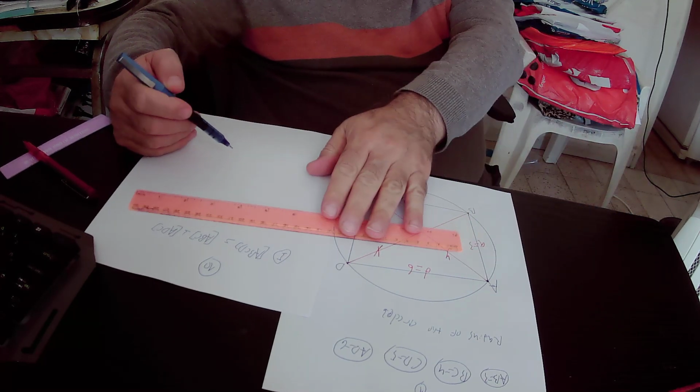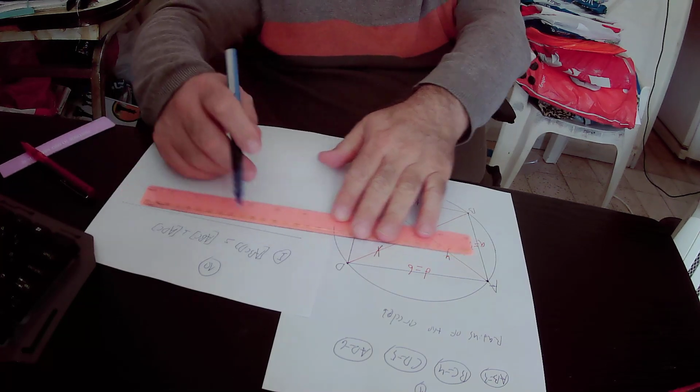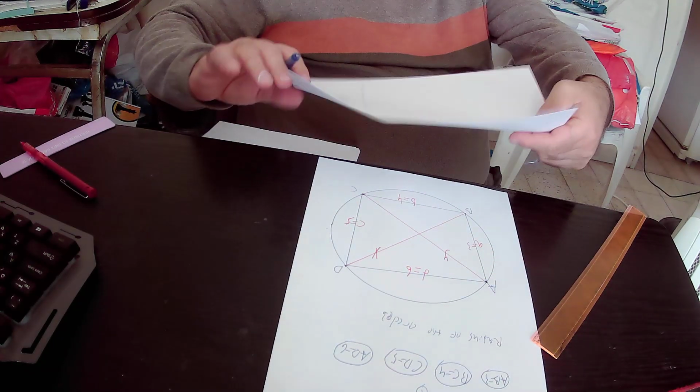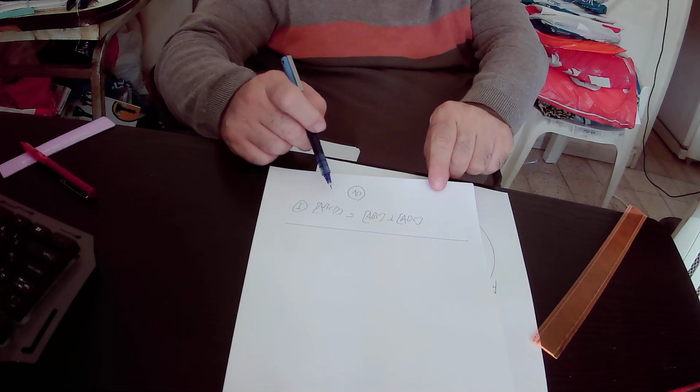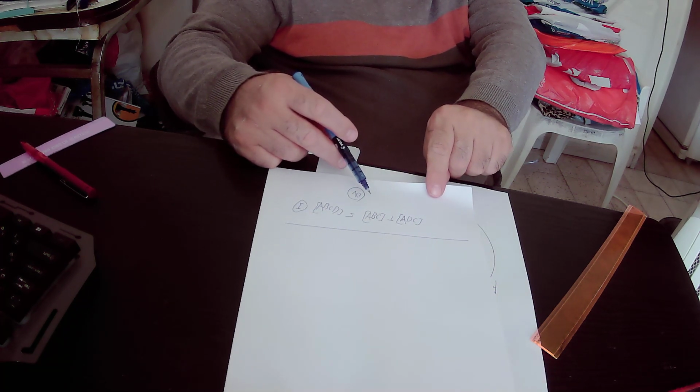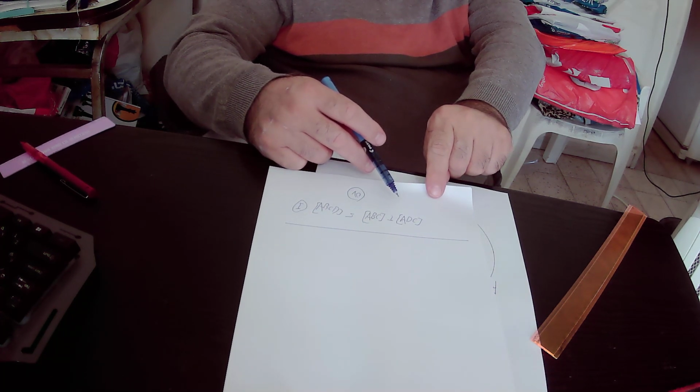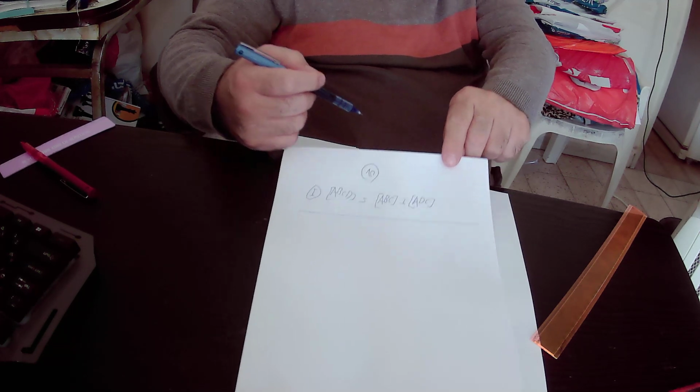Okay? I will repeat again. The area of quadrilateral ABCD equals the area of triangle ABC plus the area of triangle ADC.